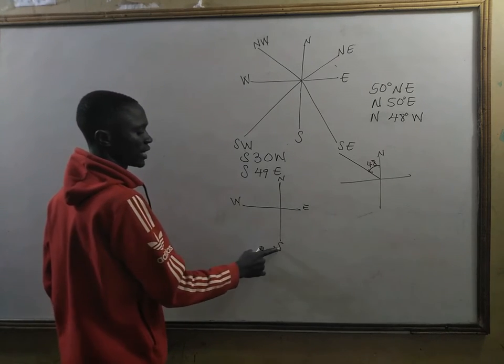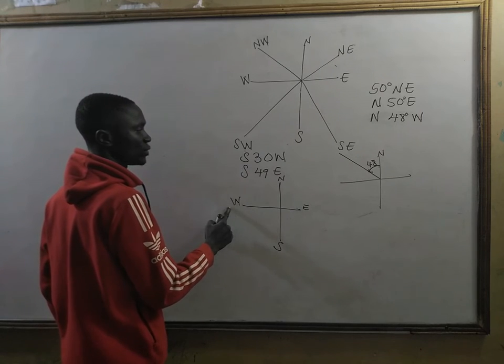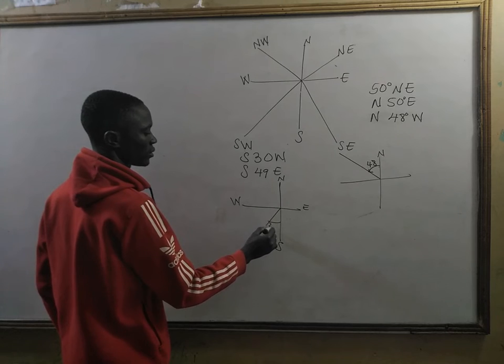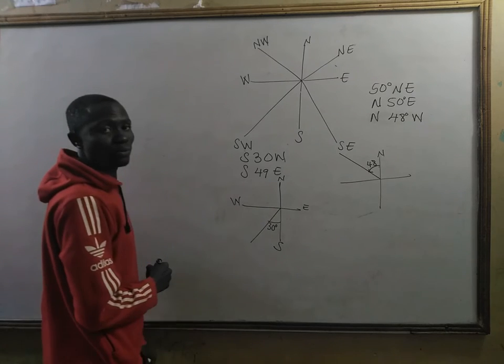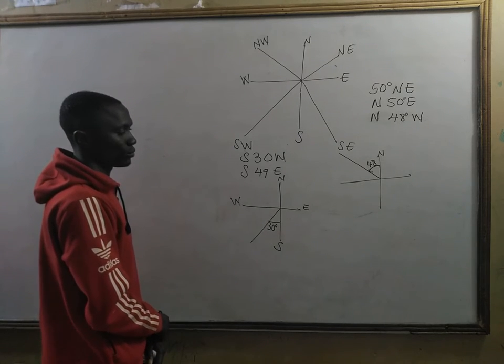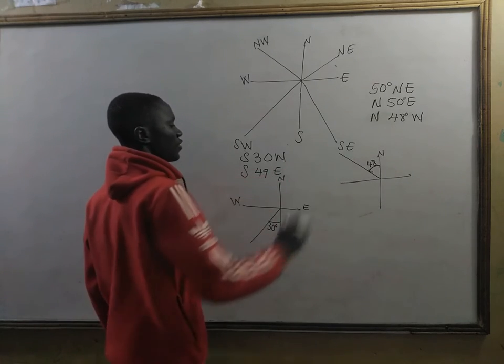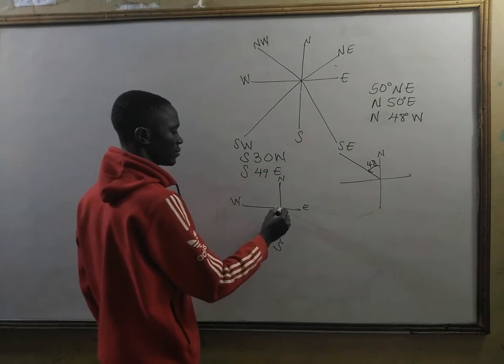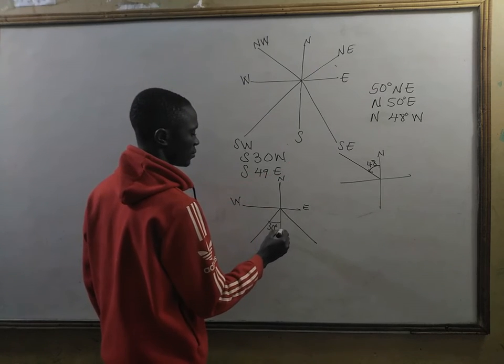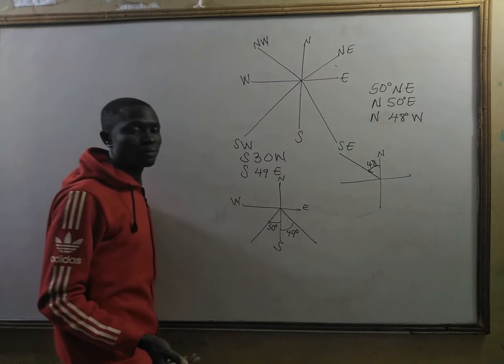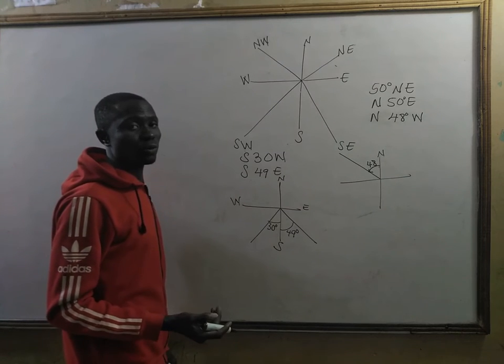This means that as we stand at south, we measure 30 degrees to the west. Wow, that's very simple. And as we stand at south, we measure 49 degrees to the east. That is all.